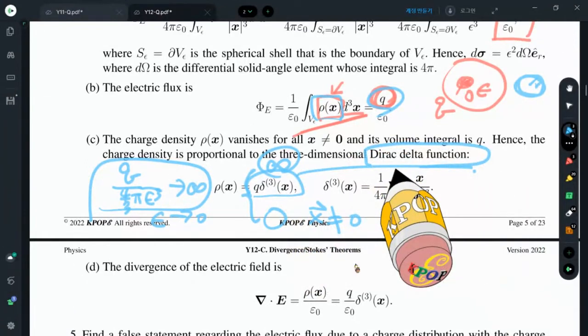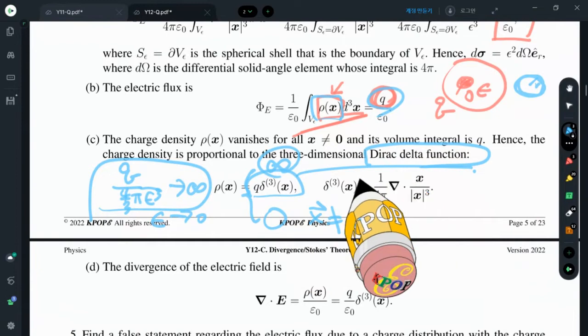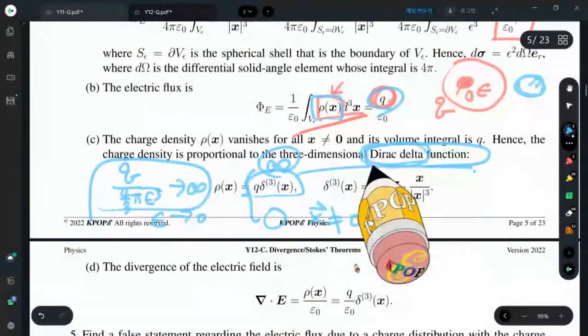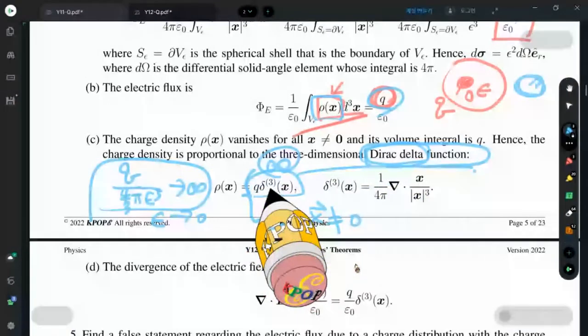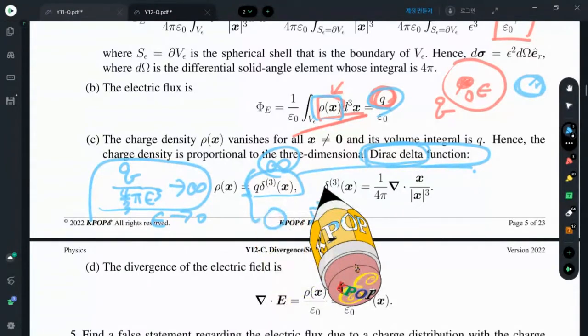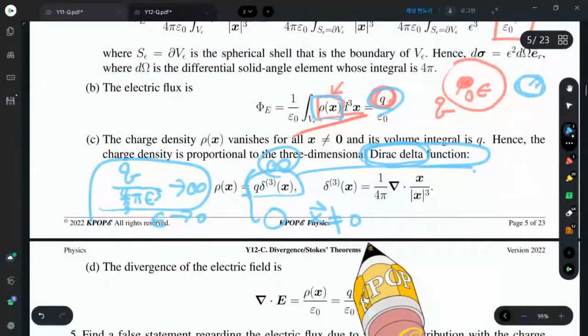And Dirac is a Nobel laureate who introduced the Dirac equation, the relativistic version of the Schrödinger equation, something like that. The relativistic equation for spin 1/2 particles, that is called the electron. And Dirac created this function. Mathematicians didn't understand it very well at the time, but now mathematicians like this Dirac delta function very much.